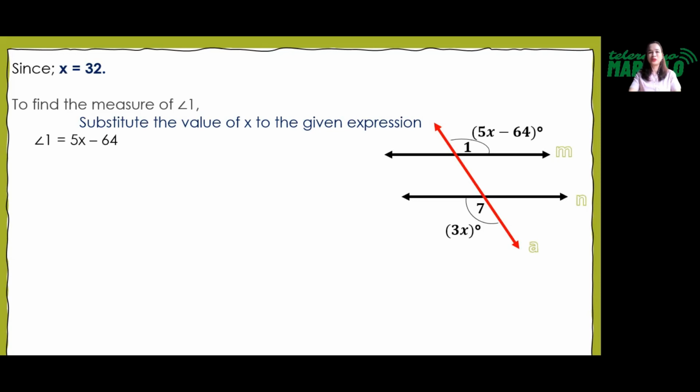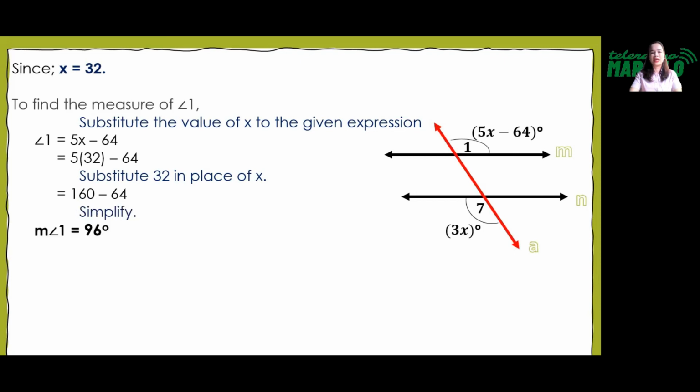Angle 1 is equal to 5x minus 64. But we know that x is equal to 32, so you just have to substitute 32 to x and then perform the indicated operation. So 5 times 32 minus 64 is 160 minus 64. Therefore, we can say that measure of angle 1 is equal to 96.